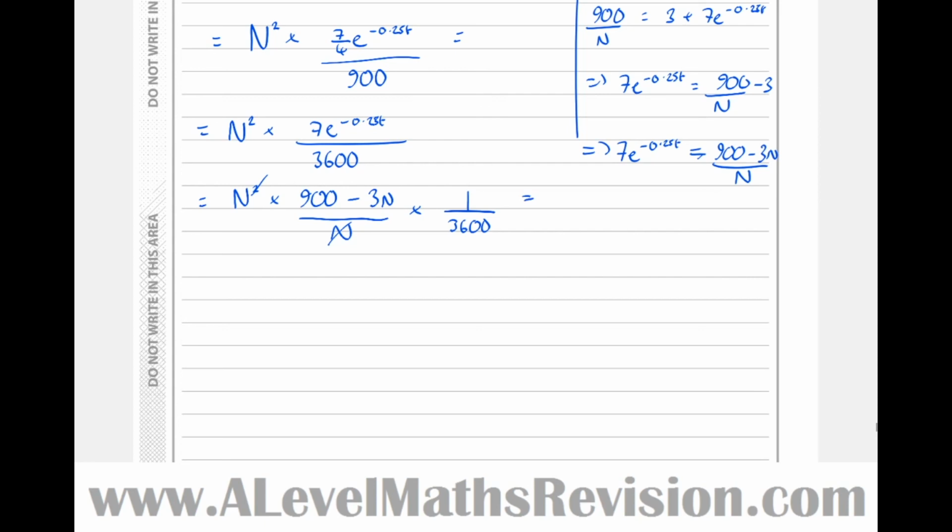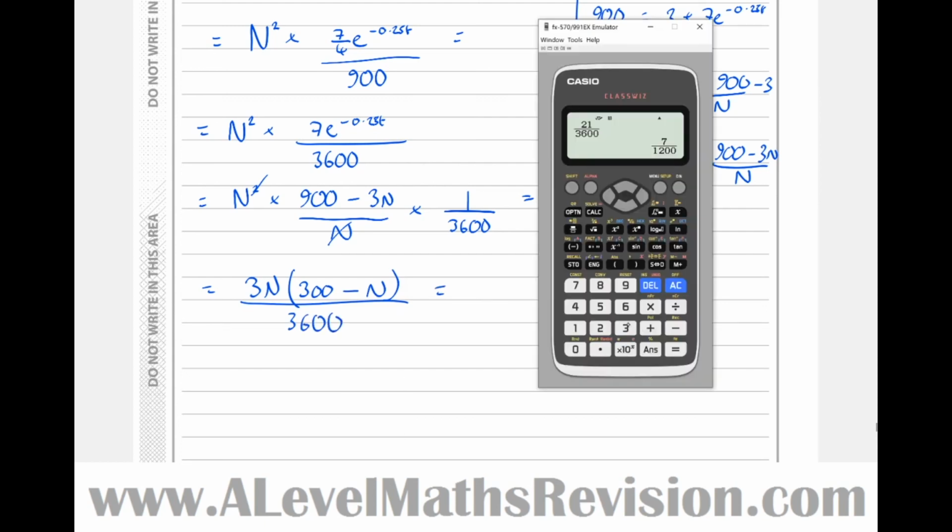Equals, so n on the top, (900 minus 3n) over 3600, equals, let's take out a factor of 3, so 3n (300 minus n) over 3600.